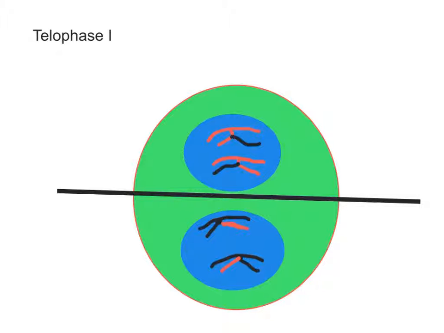Also, when they are pulled to the opposite side of the cell, a nuclear membrane forms around the chromosomes, and the cell splits through cytokinesis, and this is what transforms the cell from being diploid to haploid. Also, as you can see in the haploid daughter cells, the two alleles of each gene are separated to the respective nucleus, as you can tell by the red and black and red.